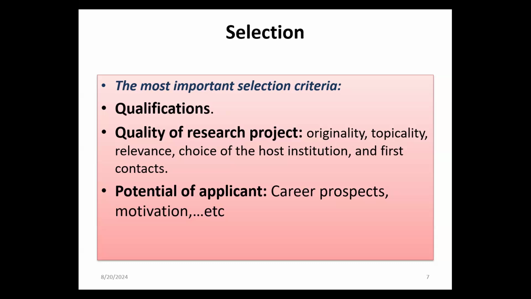And so your qualifications are really important. And the quality of research project, I can tell you this is the most important selection criteria for receiving DAD scholarship. I'm going to talk a little bit about the research project and your proposal.